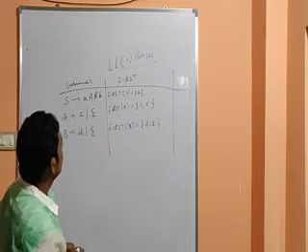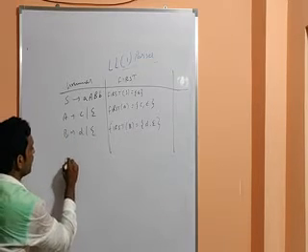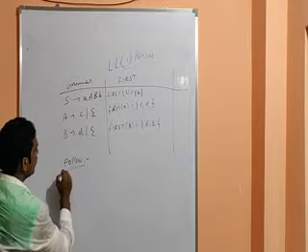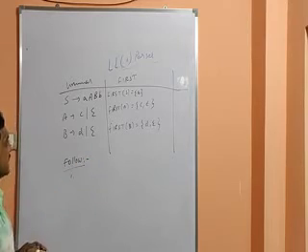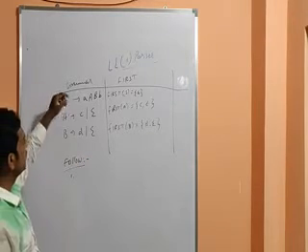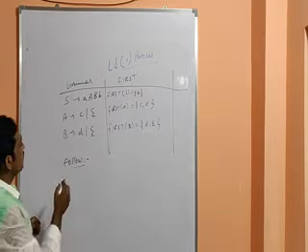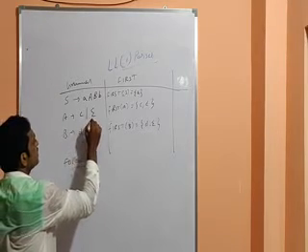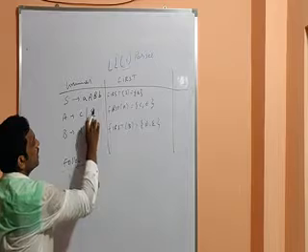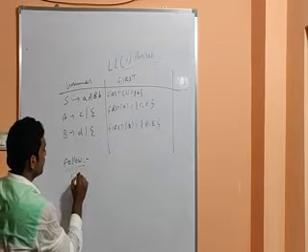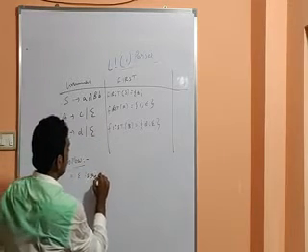So while finding the follow of a grammar, I would like to say a few rules. Let us see rule number 1. In rule number 1, wherever you find the symbol epsilon in a follow, the epsilon symbol is replaced with a dollar symbol.